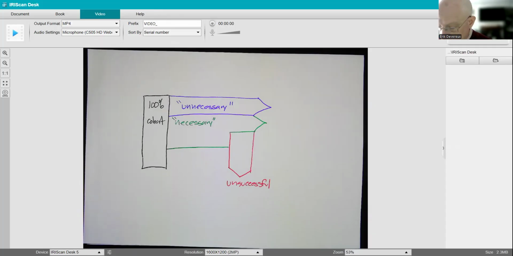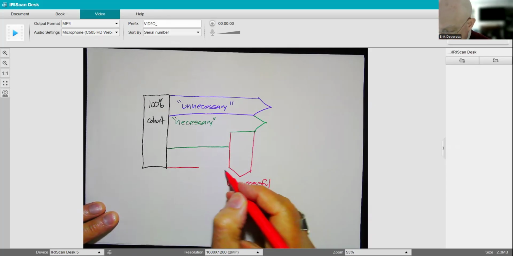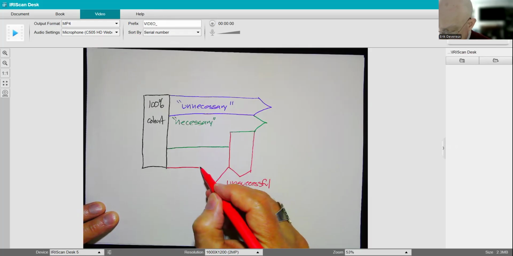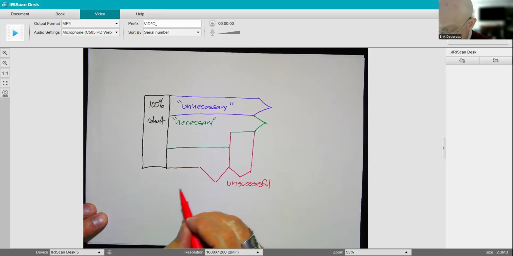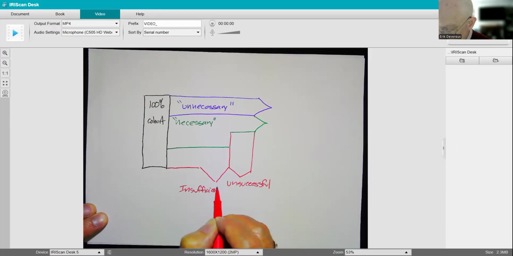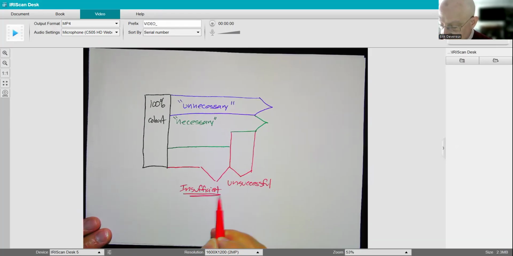I'm going to also use red for them because they don't succeed. This is the group that you should never have let in the first place because the intervention was entirely insufficient. For the insufficient group, the intervention was never going to work.